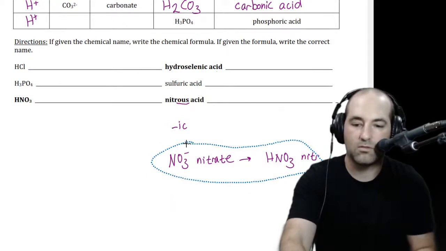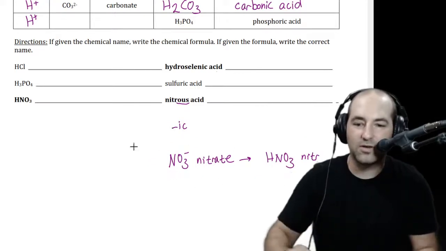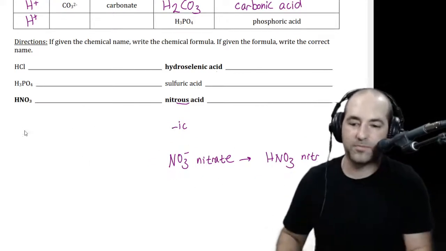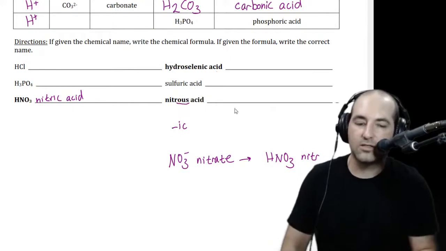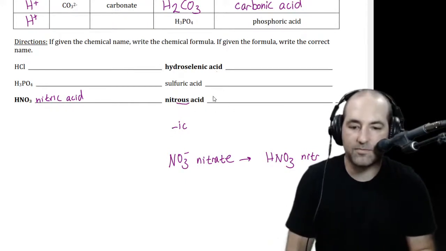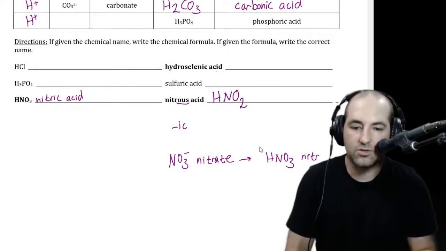Okay, I can't move it over. HNO3 is nitric acid. That's actually over here. So nitrous acid is always going to have 1 less oxygen. So instead of HNO3, it's HNO2.